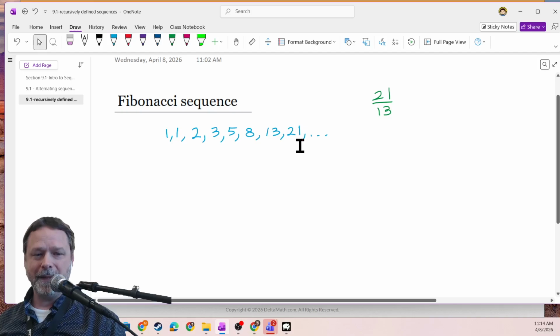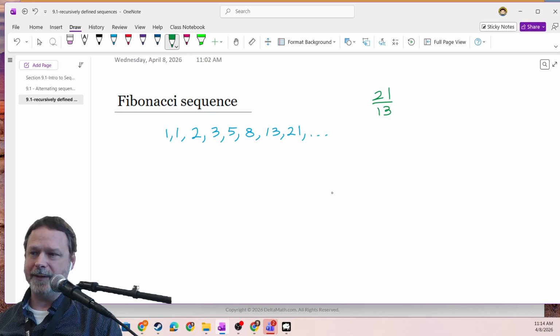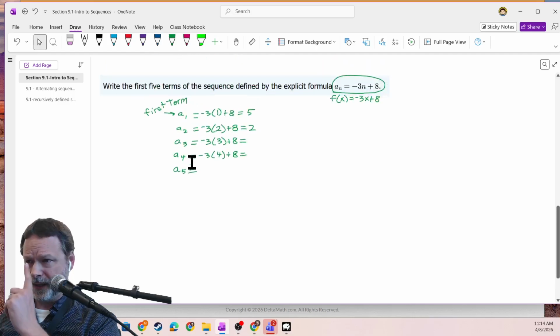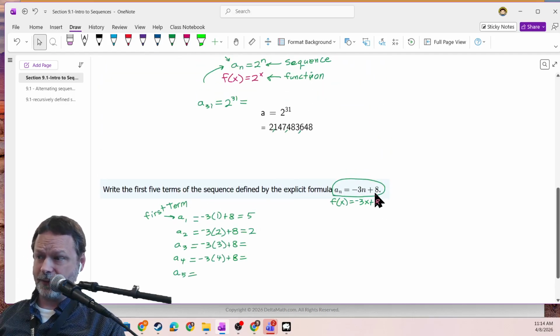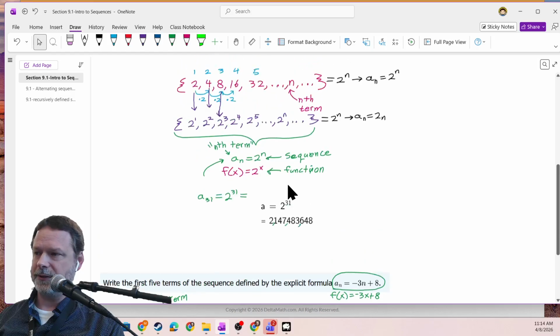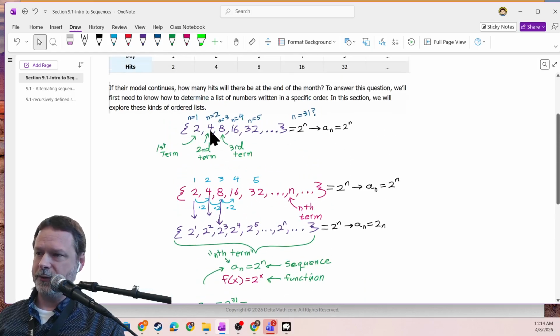But now, if you're trying to explicitly define this sequence, like we did with the other ones, like here, where we had 3n plus 8, so we could get certain terms, or we had 2, 4, 8, 16, and we figured, well, that's 2 to the n.